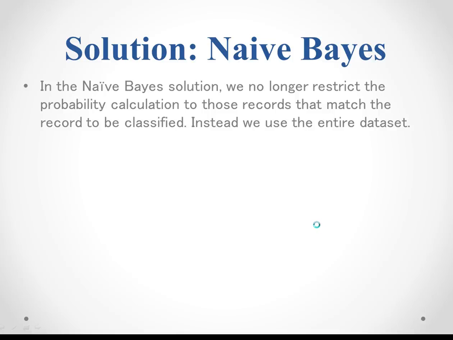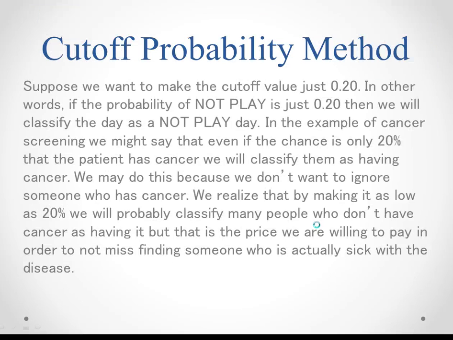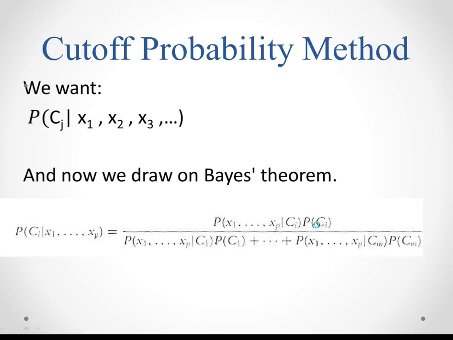All right, now, as we said, the problem with having to do this is, what does this say? The probability that it's in class 1, let's say the probability that it's not play, given these, I'm sorry, I said it wrong.